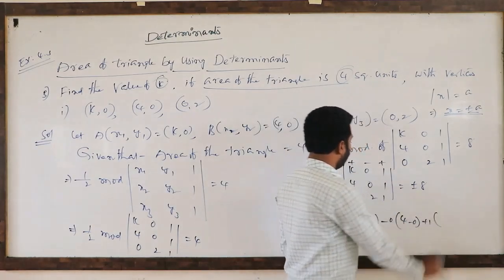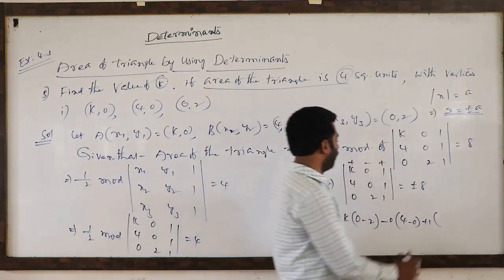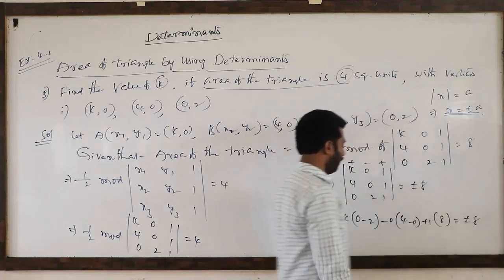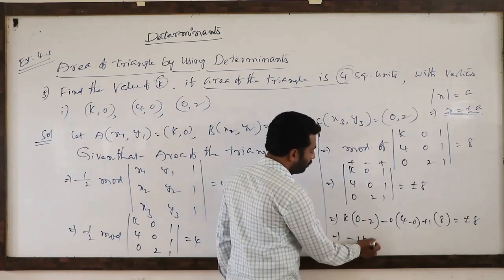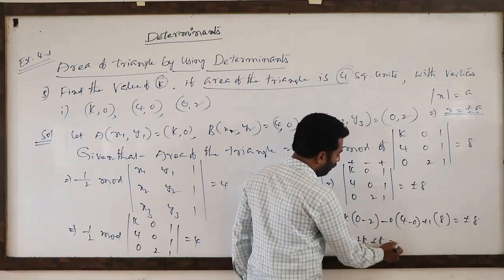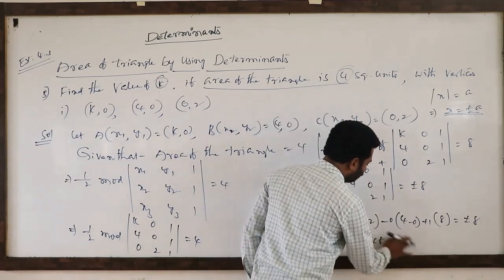Plus 1 into, if I close this column and this row, 8 minus 0. Nothing but plus or minus 8. So very clear, this is minus 2k, this is 0, plus 8 equal to plus or minus 8.